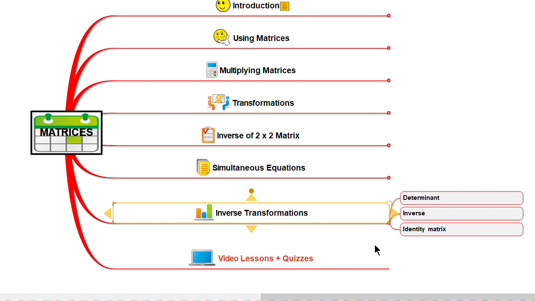matrix, and so on. Now, in our modules, we have video lessons that explain in depth each concept or each section, and it shows you step by step how to solve these problems related to matrices. We review past CXC papers on the topics, and there's a set of multiple choice interactive quizzes.